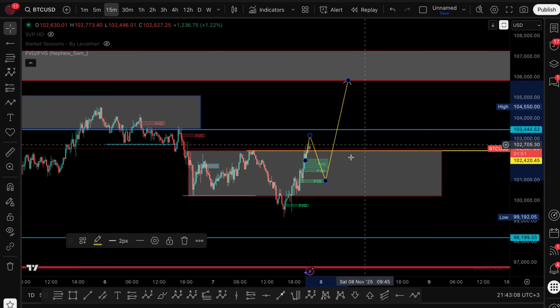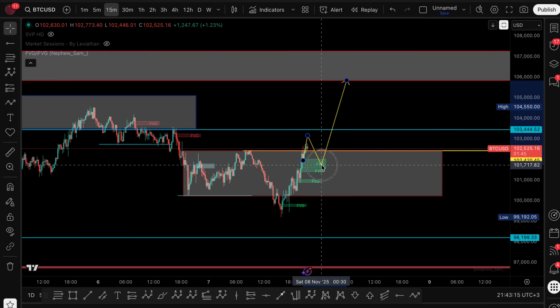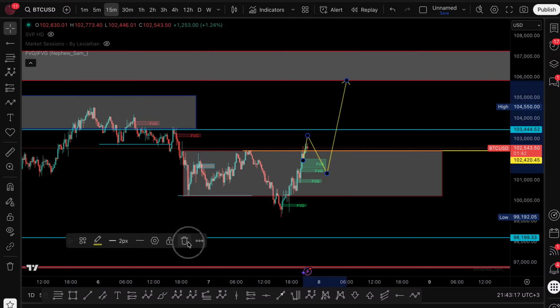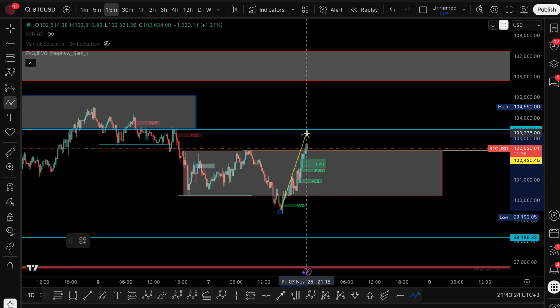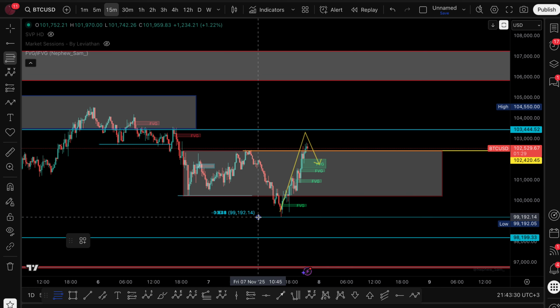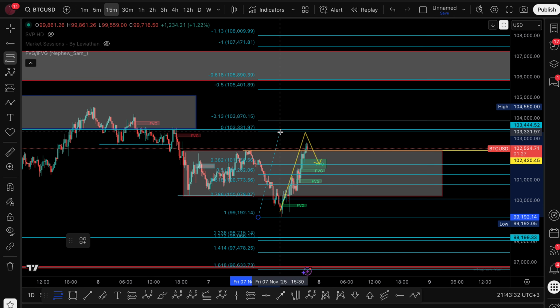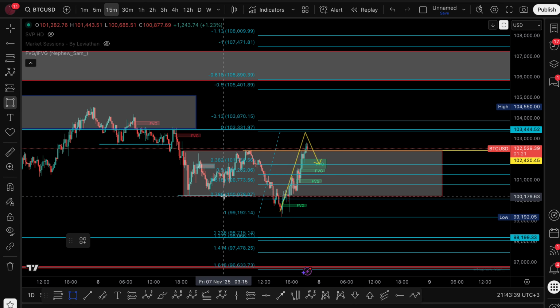And as you can see, as price is moving higher, it's leaving fair value gaps where price is most likely to retrace to. Of course, I won't be able to tell where price will retrace to, but what you can do, if you have a leg like that and let's say by tomorrow we start retracing, is simply use the Fibonacci levels from the bottom to the top, and then your ideal entry will be around the 0.786.